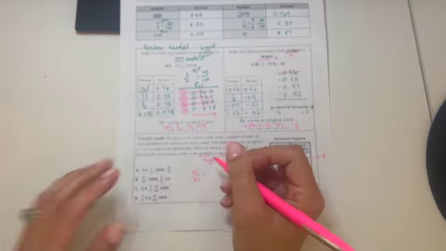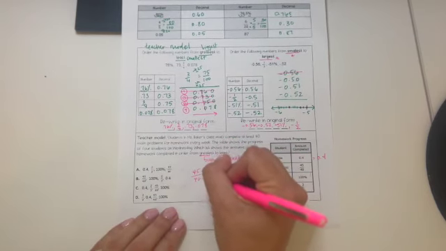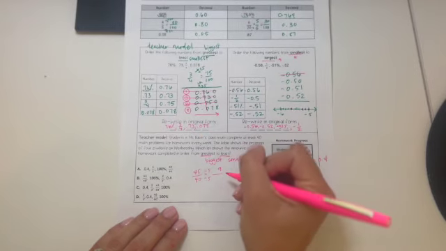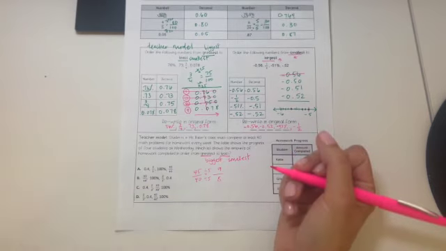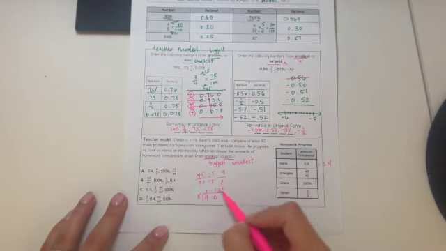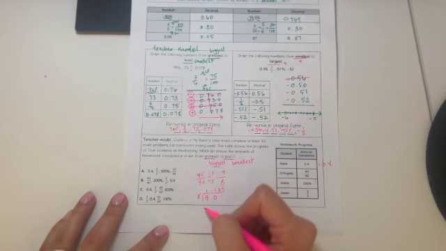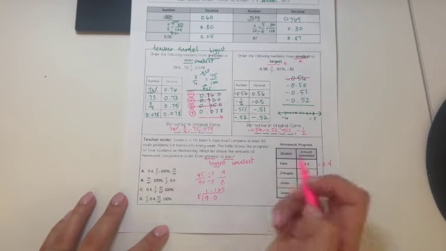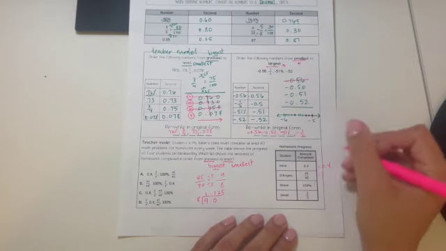To simplify, I can divide both of these by 5, and that's going to give me 9 over 8. This doesn't give me a nice neat fraction, so I am going to have to circle back to the skill of converting a fraction to a decimal. So I'm going to divide 9 by 8, and it's going to give me 1.125. And that is okay because it is going to be greater than 1.